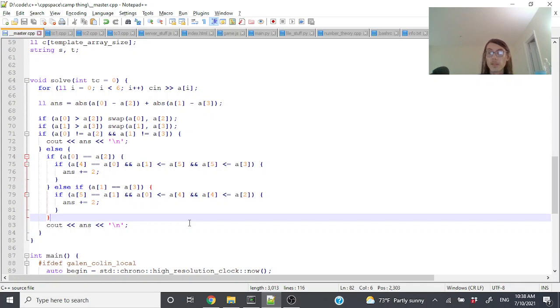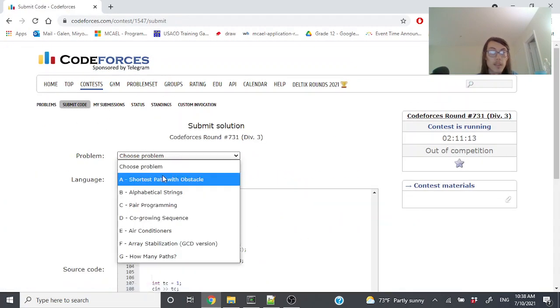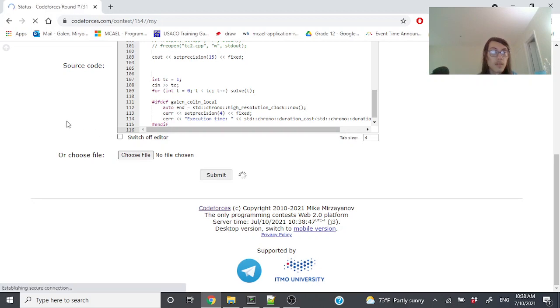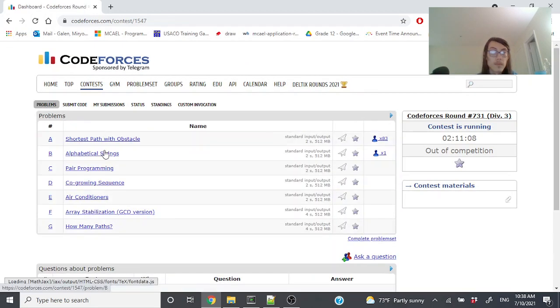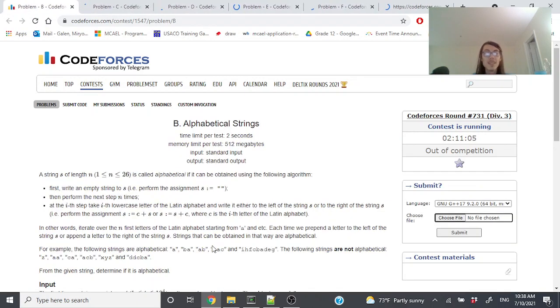Now, if they're both unequal, then it means we can take any path, and so the answer is just the answer. Otherwise, if the x-coordinates are equal, then if the other thing is also between them, then we need to add 2, and we check the same thing for the y-coordinates, I guess. Yeah. Alright, that's a pain. Good, I'm glad I'm done with that problem.